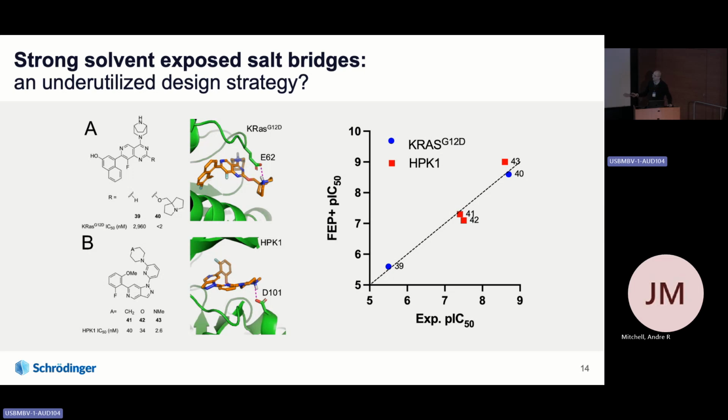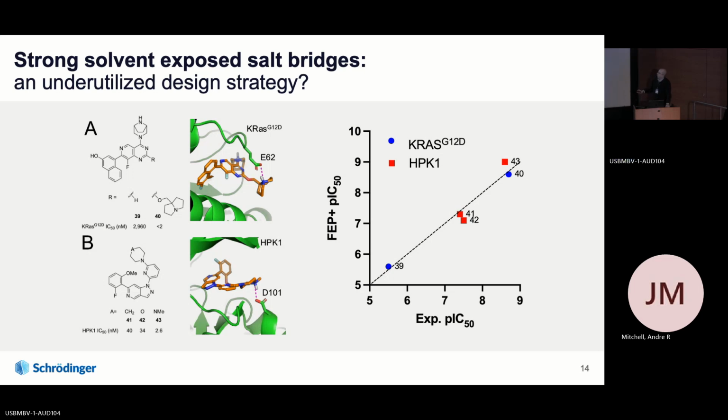And then this interesting HPK reverse indazole series from Merck for their HPK1 inhibitors manifests something similar, where if we go from this piperidine to the morpholine to the piperazine, we get a 15-fold boost in potency from that single heteroatom. Again, that's via targeting ASP101, which is solvent-exposed.